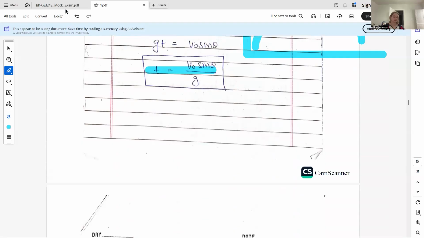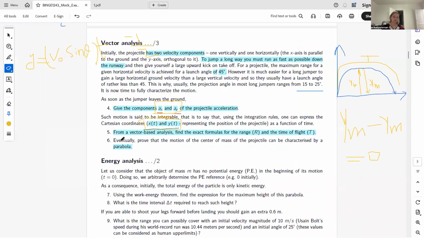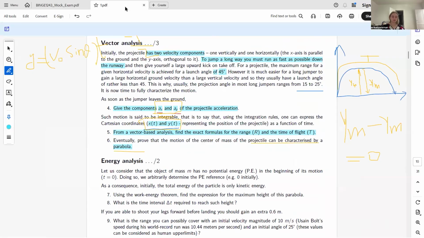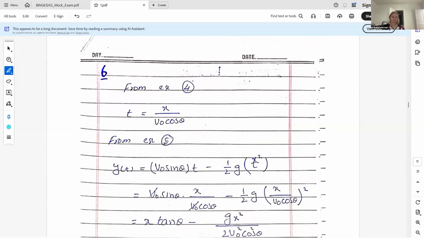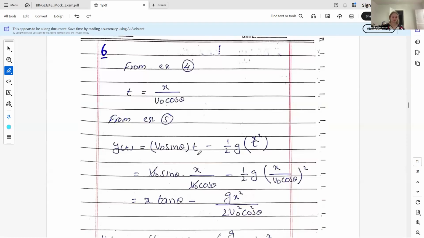And next was the question to prove that this motion is parabolic, that the projectile is characterized by a parabola. So we are proving it here. We know from equation 4 that t is equal to x over v naught cos theta. From equation 5, y of t is equal to v naught sine of theta into t minus half g t square.